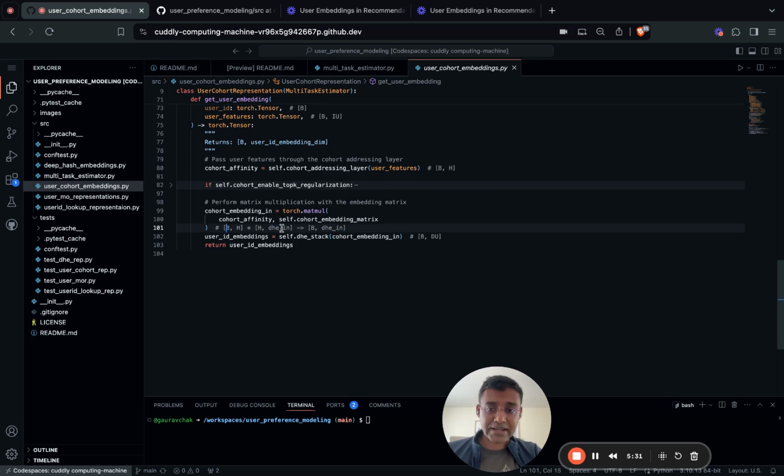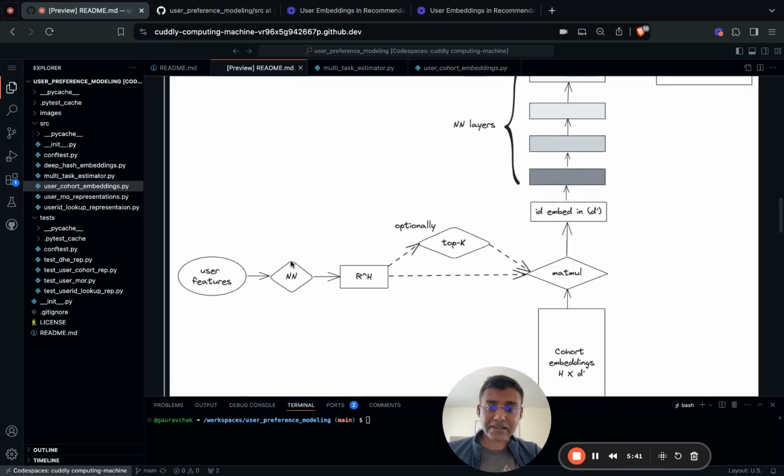So B×H times H×DHE_in goes to B×DHE_in. And then you have the multi-level stack. So using these user features, the neural network comes up with an affinity per cohort. There are H cohorts, so an affinity value per cohort. And by construction, we'll make sure these affinities are non-negative, 0 or higher. Then we can multiply it with the cohort embeddings and use that.